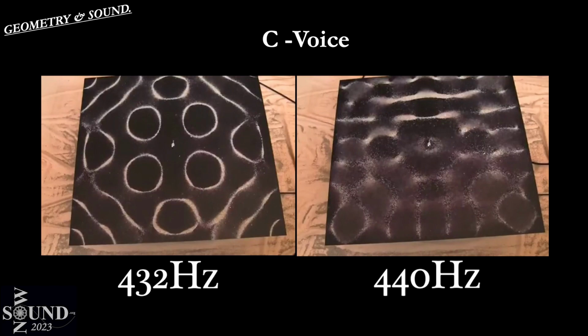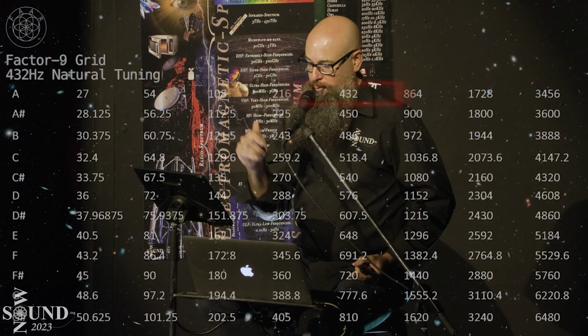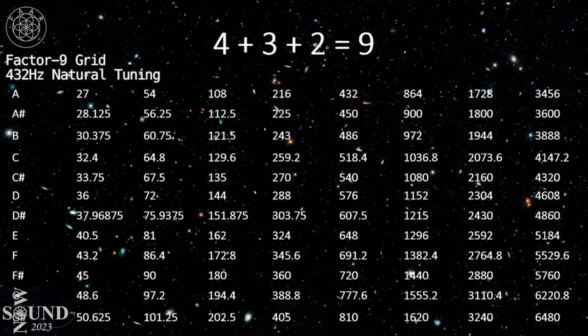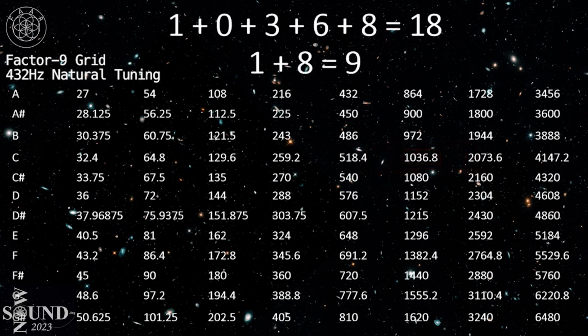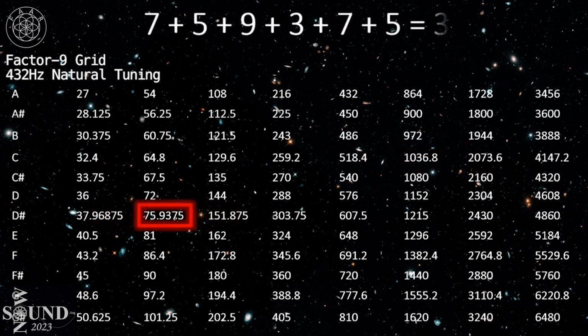It's a fraud, guys. There's no other way about it. That's why 432 Pythagorean tuning was based off the maths and geometry. So 432, and they all sum to 9. 4 plus 3 plus 2. 6 plus 3, 9. 180, 1 plus 8, 9. They all sum to 9. They must sum to 9.